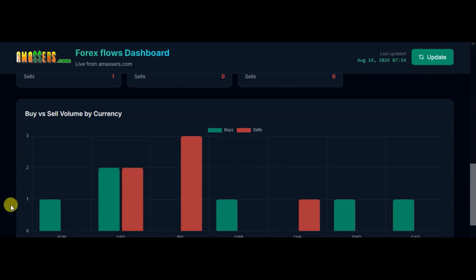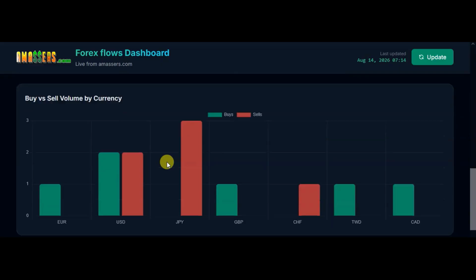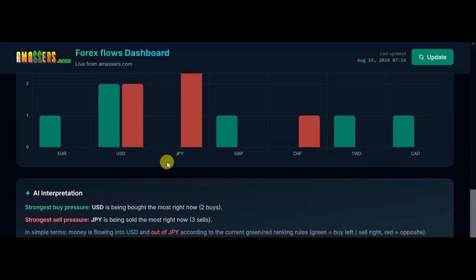I love the tables and the cards, but right here you can see everything lined up. Again, this is on a weekly basis, and you can see head and shoulders above all else right now that is actually showing up. The yen is showing really strong weakness. Now let's look at the artificial intelligence.